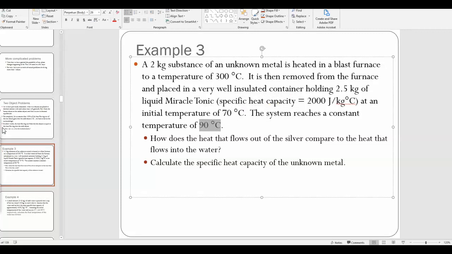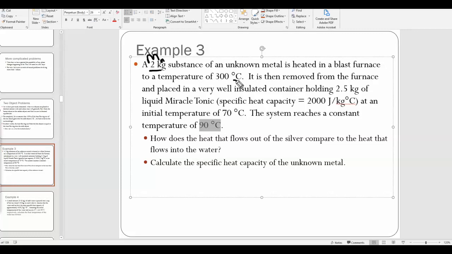Okay, so there's a lot to unpack here. Before I get to the actual question itself, let's do some labeling. All right, so I'm going to call this 2 kilograms the mass of the metal, so I'm going to write mM. It doesn't really matter what you want to call it. You could call it M1, you could call it mass metal, you could call it mM, whatever.